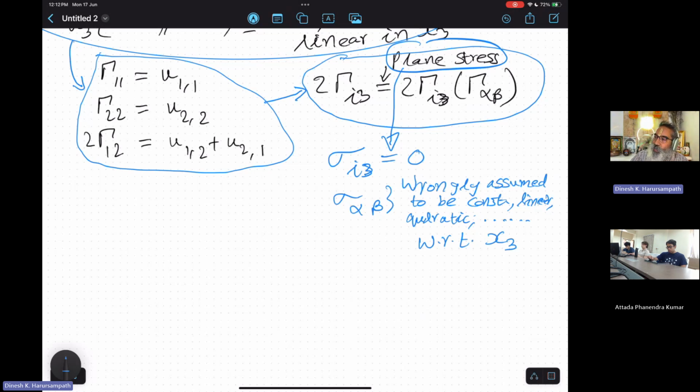If it's a beam, you have a similar kind of models that people are talking about, which is in terms of x2 and x3. So powers of x2 and x3 is what you expanded. And so at the end of the day, you get what are known as higher order shear deformation theories.